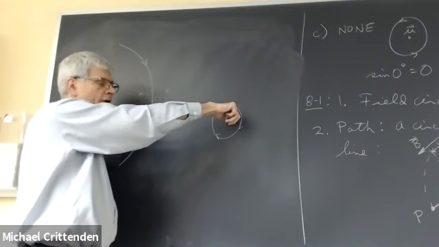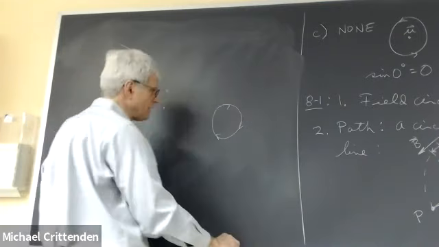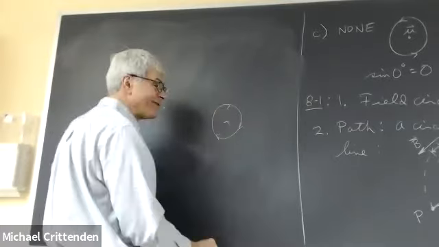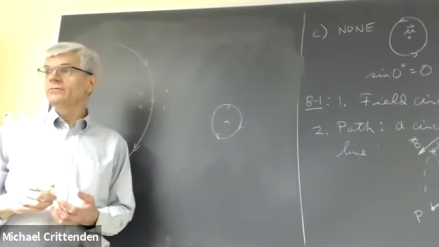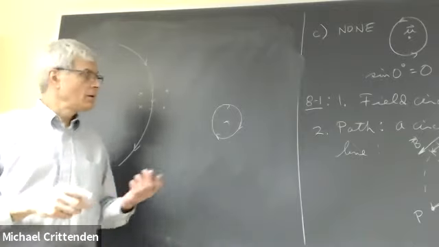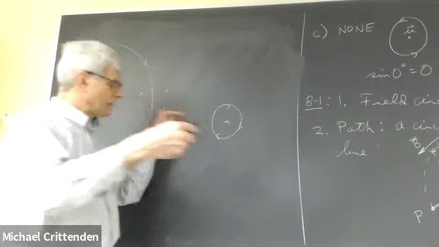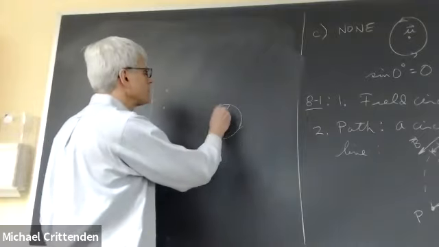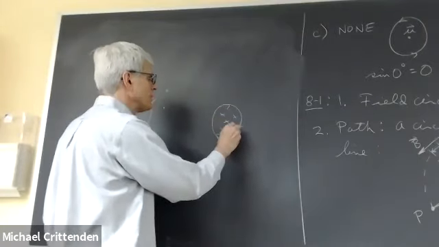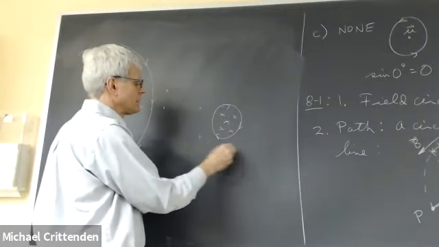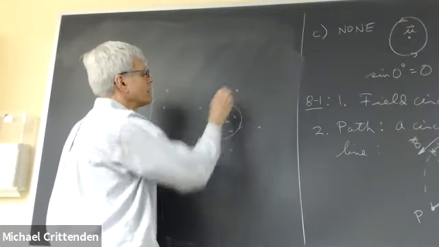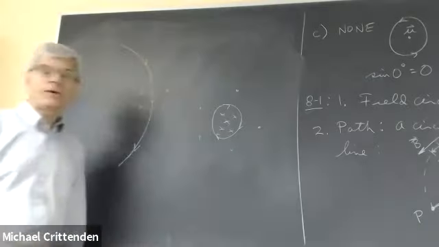Thumb points in the direction of the field inside of it. Magnetic field lines are always closed loops. They never have a beginning or an end. So all of the field lines that thread through there in the one direction, through the inside of it, they have to come back the other way around the outside of it.